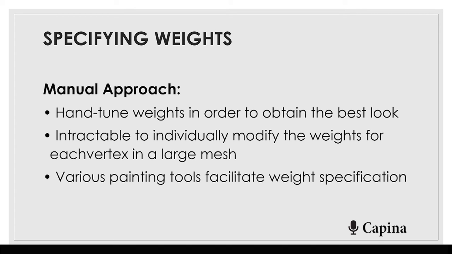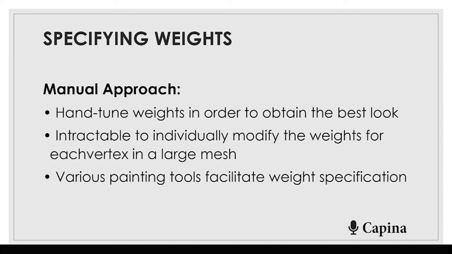Next is specifying weights. Manual approach: hand-tune weights in order to obtain the best look. Hand-tune weights or manual tuning of the weights for the bones para mas makuha natin yung best look for our 3D model. Next is it is intractable to individually modify the weights for each vertex in a large mesh.